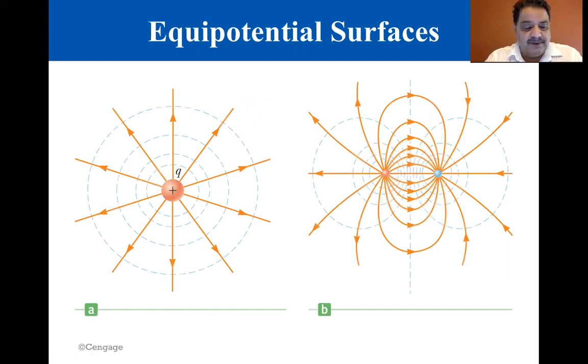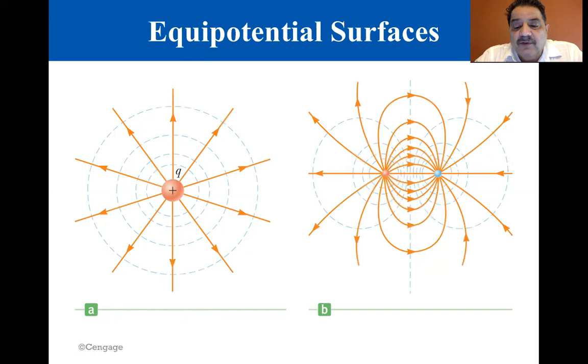Equipotential surfaces. An equipotential surface is a surface where the potential is the same at all points, which means the potential difference between any 2 points on an equipotential surface is 0. So no work is required to move a charge at constant speed on an equipotential surface.